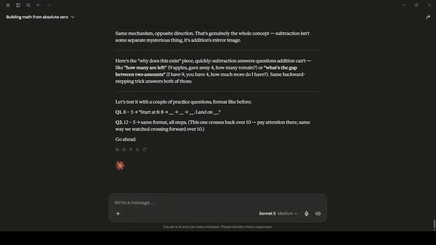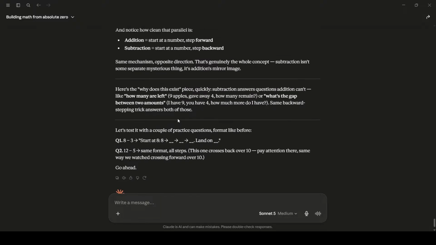Let's do a couple of practice questions. First we start at 8. So 8 minus 3. Start at 8 and go 3 steps backward. 8 minus means step backward.